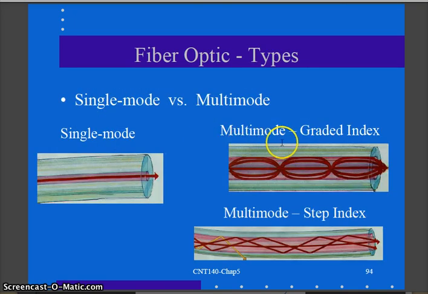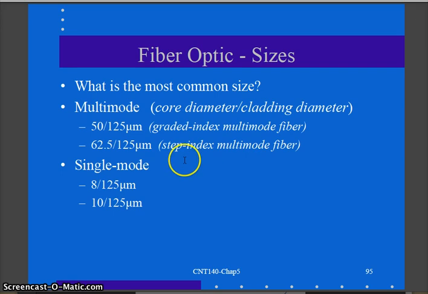And if I go back here, your graded index is the one that is actually trying to bend the light rays and keep them in the core. The step index, or the 62.5, it's a dramatic difference in index of refraction. It's bouncing the light almost like a mirror back into the core. It's a lot harsher. So we'll find out later the step index, or 62.5, does not have as great a range as your 50/125 graded index.